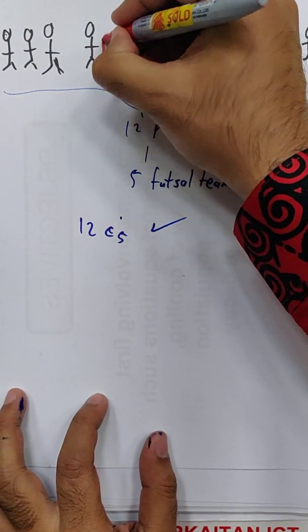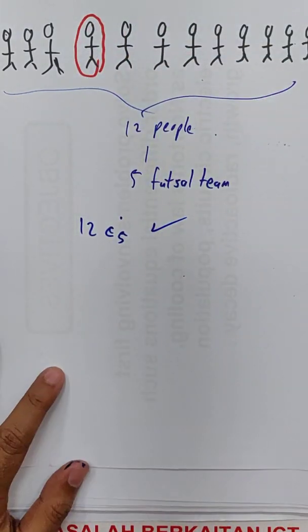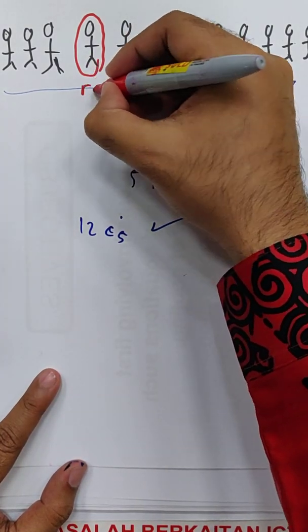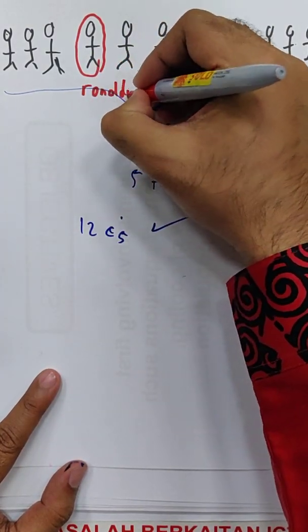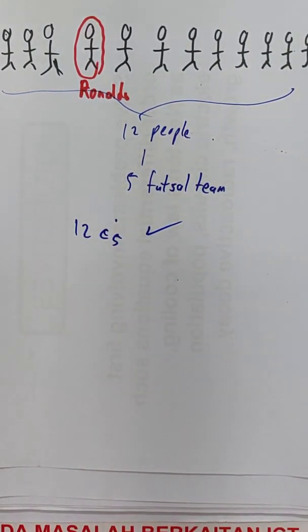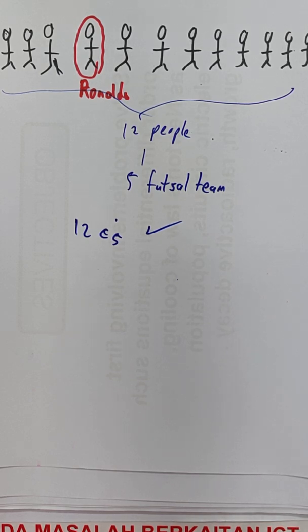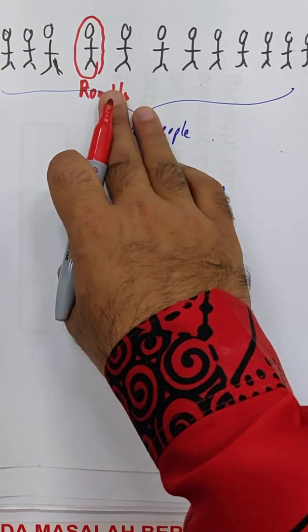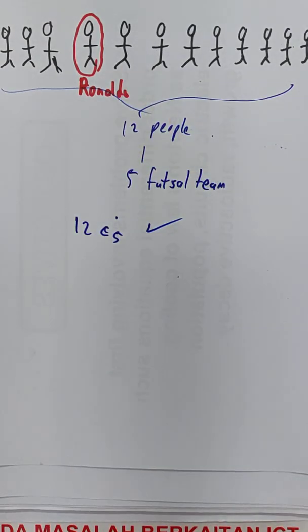And now let's say among those 12 people, this particular guy in the team is, let's say, Ronaldo. Do you want him to be in the team? Why do you want him? You don't play futsal? Let's say you've got Ronaldo there. You surely want him to be in the team, right? Because you want your team to win.